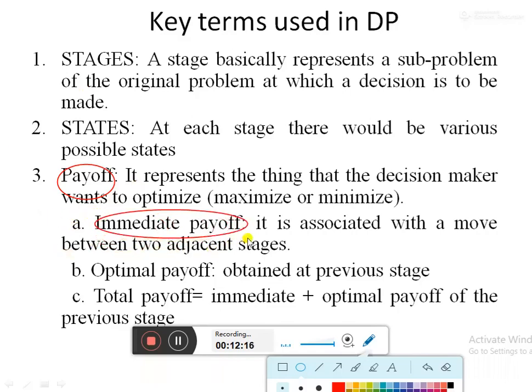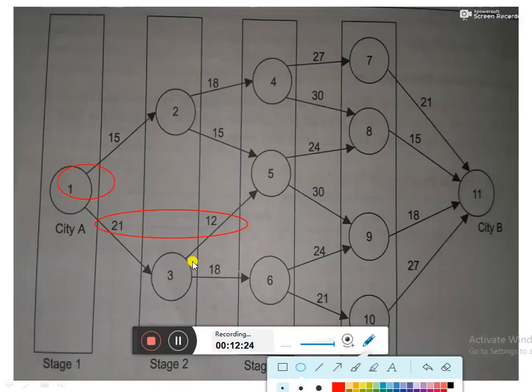What is the meaning of immediate payoff? As the name suggests, it is associated with the move between 2 adjoining stages. These rectangular structures are showing the stages in this particular diagram.